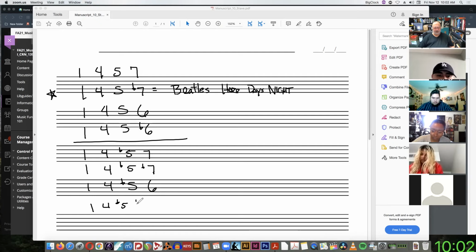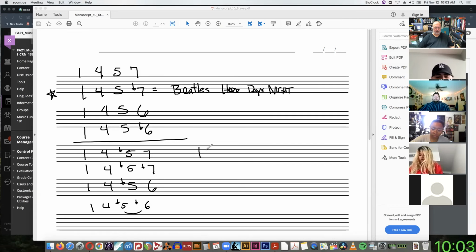Oh no, that's a thing. Flat 6. That's a thing because it's a whole step apart. What's not a thing is a sharp 5 and flat 6.